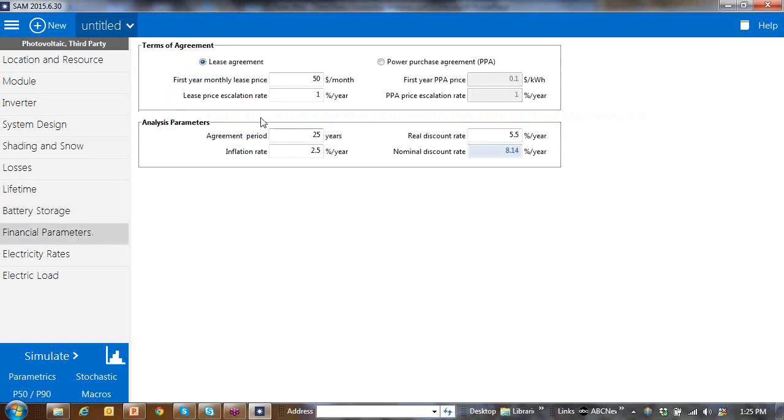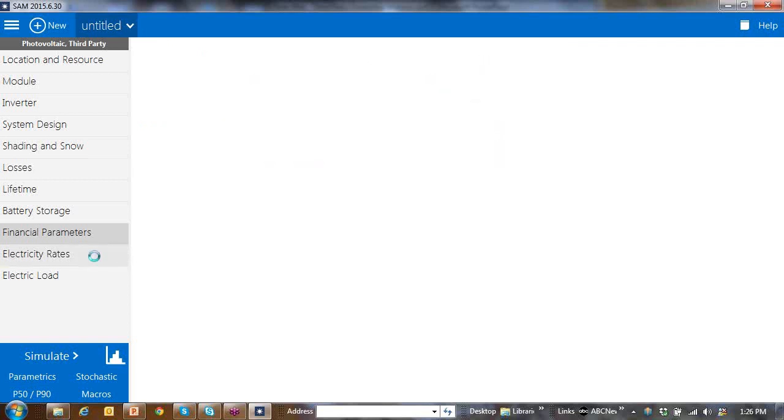We get to the lease agreement. So we have a power purchase agreement, and instead of 10 cents, it's 9.5 cents with a 3% escalation per year. We'll assume that the agreement period, the discount rate, and the inflation rate are adequate.